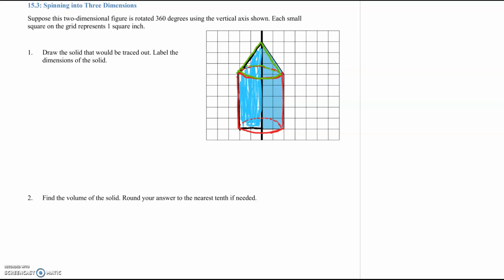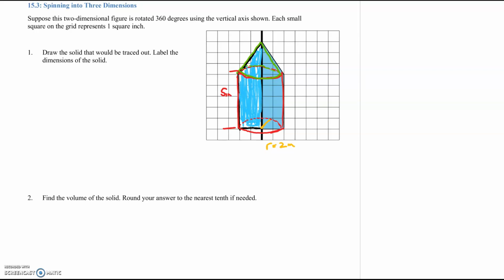So I recognize down here that this radius right there is 2 units or 2 inches, right? Because each square is 1 inch. So that radius is 2 inches. And then the height of this cylinder is 1, 2, 3, 4, 5 inches.